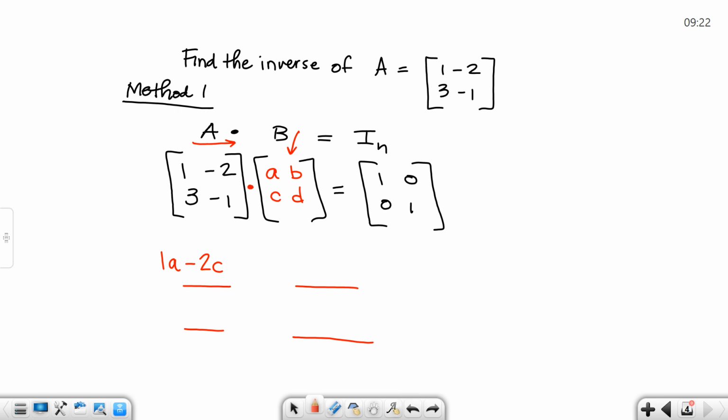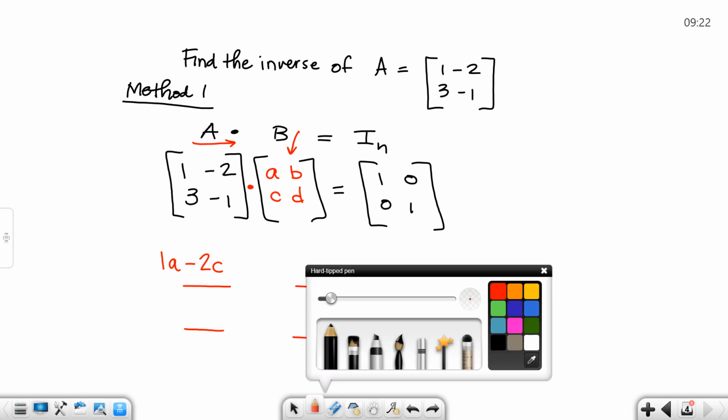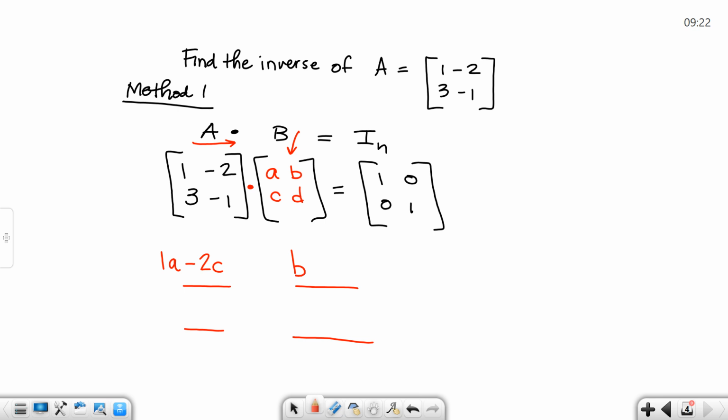Okay, and that's what's going to go in that blank. All right, let's go row 1, column 2. Okay, so that would be 1 times B minus 2D. That's how that would look. Are there any questions with how we got those?